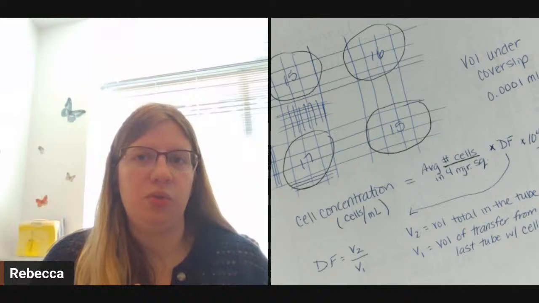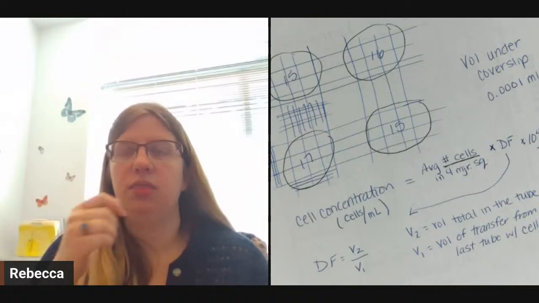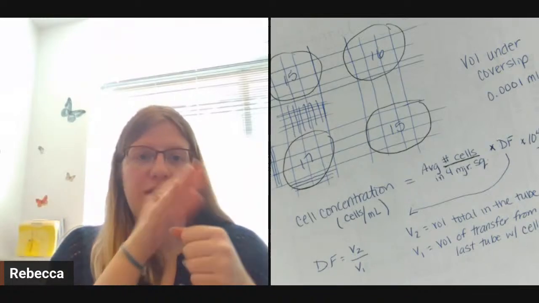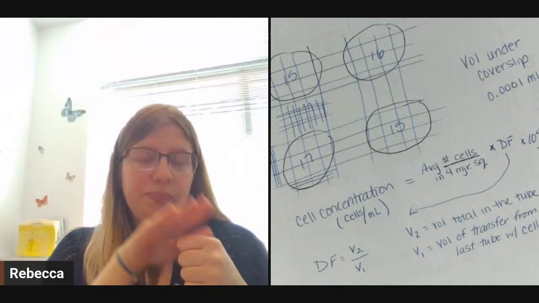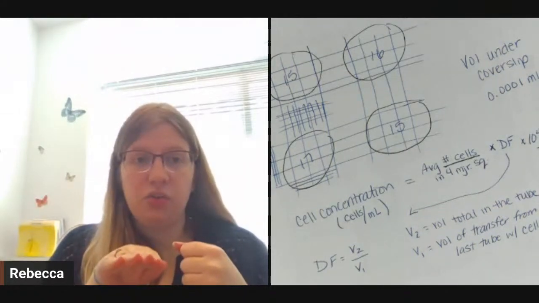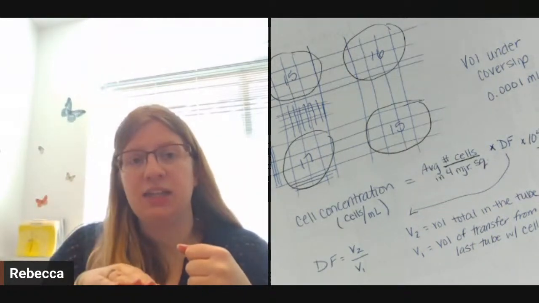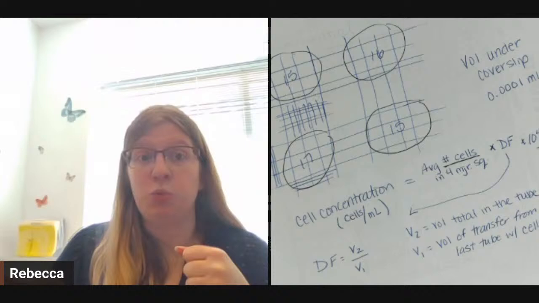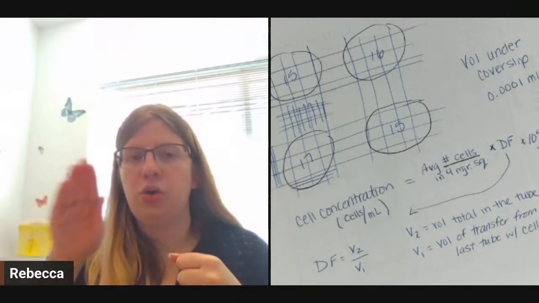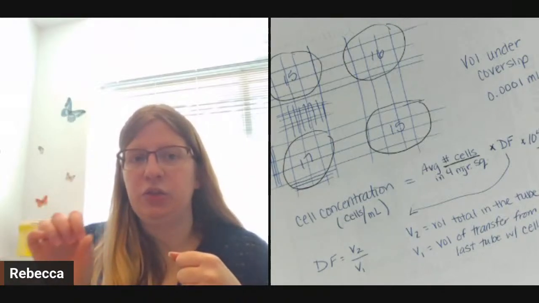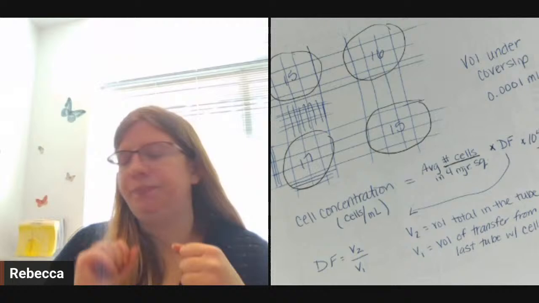So they went from their original to their 10 times dilute, and then they had to go from 10 times dilute to twice more dilute. So in this case, they could look at the dilution factor of each step.